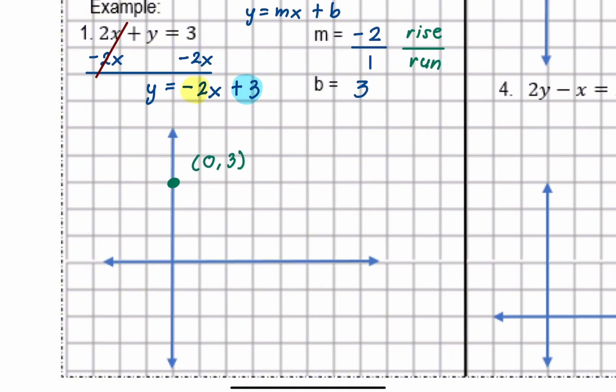So we have 0, 3. Now, we're going to use rise over run, which is negative 2 over 1. So from this point, since our rise is negative 2, are we going up or going down? Yes. Since it's negative, we're going down by 2 units. So we have to count 1, 2. Okay, now, since our run is 1, we're going to move 1 unit to the right. So this is the next point.